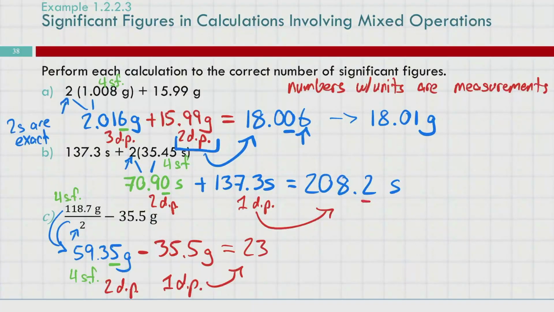Calculator says 23.85, and we know that it's grams. Our 1 decimal place is the 8. Arrow at the 5 to let us know that that's what we're looking at to round. So this becomes 23.9 grams.